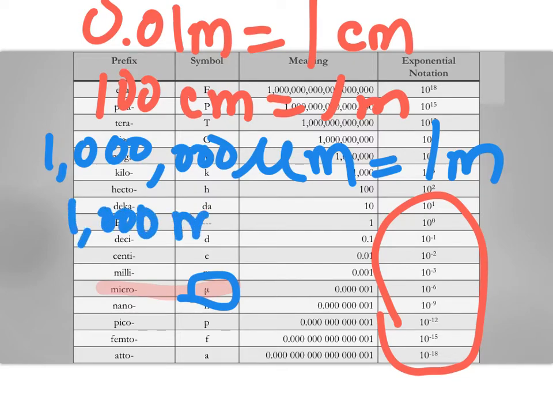1,000 millimeters is equal to 1 meter, and so on and so forth.